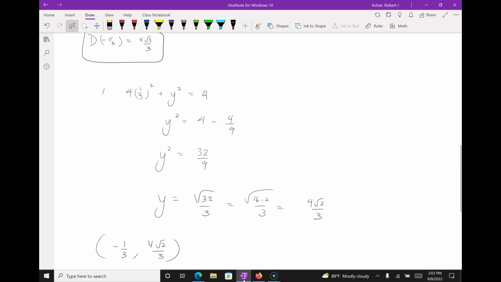Now, nothing I'm doing do you need to copy. You have a distance formula, plug the negative 1/3 in there. You have a function, plug the negative 1/3 in there, find the y. You can find the derivative, you can find the second derivative, right?